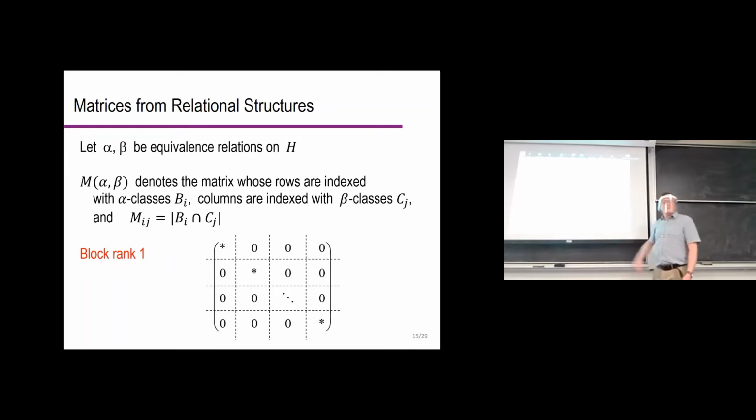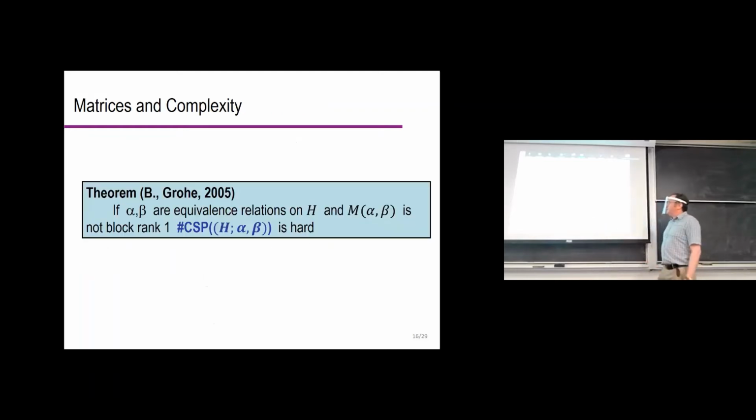So that's another reason why a counting CSP can be easy. If I take two equivalence relations on some set, and the matrix is block rank 1, then this problem is easy. If it's not block rank 1, then the problem is hard. So that's another reason for hardness, another reason for easiness of my problem.